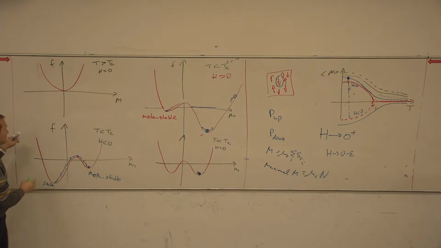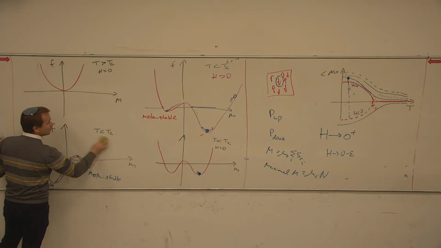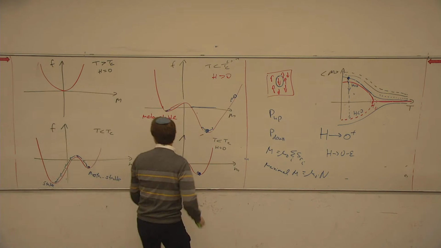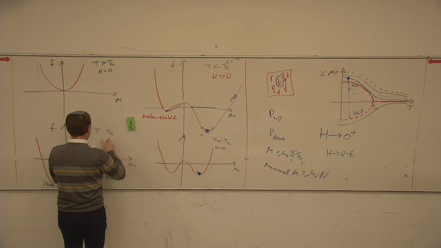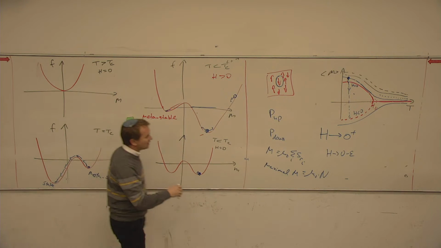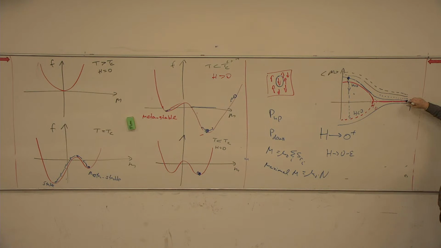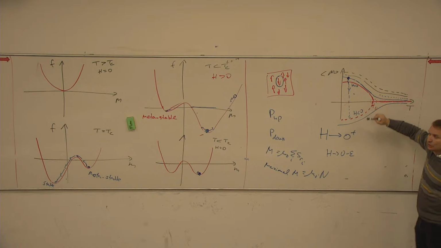What happens if we continue with H equal to 0, but T goes below Tc, or T equals Tc? So we started at this point, H was 0, and we're taking the temperature down towards the critical temperature, towards the Curie temperature. Okay?